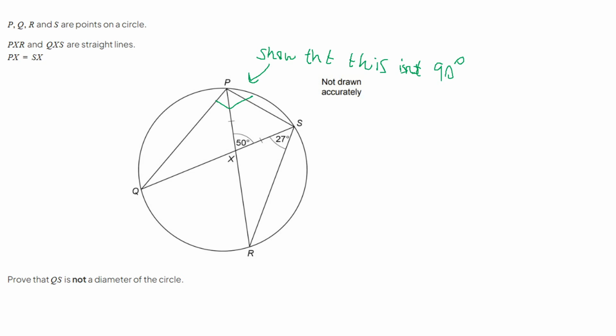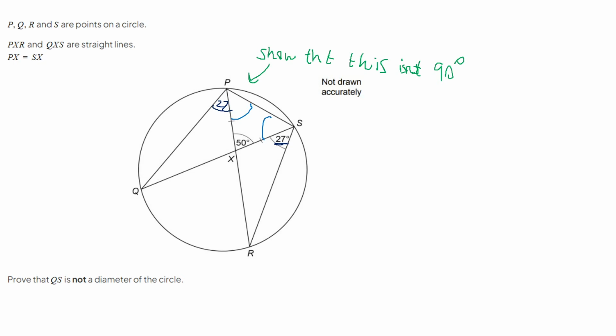Well, let's first and foremost see what we have to work with. If this is 27, then this also has to be 27, doesn't it? Because of the same segments theorem rule. Okay? How are we going to work out what this angle here is equal to, though?